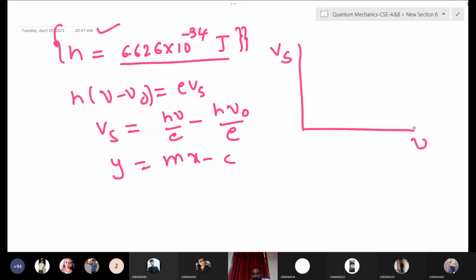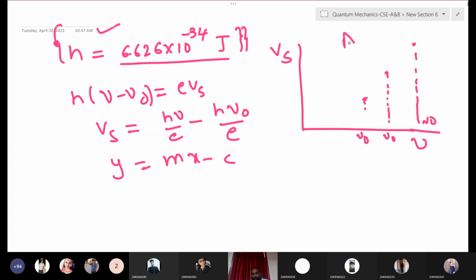Suppose you have different colors, the frequency is different, right? You make out these three points. First you take the blue light or red light, here is the threshold frequency; you take blue light, green light, here is the threshold frequency; you take red light, here is the threshold frequency, nu zero.